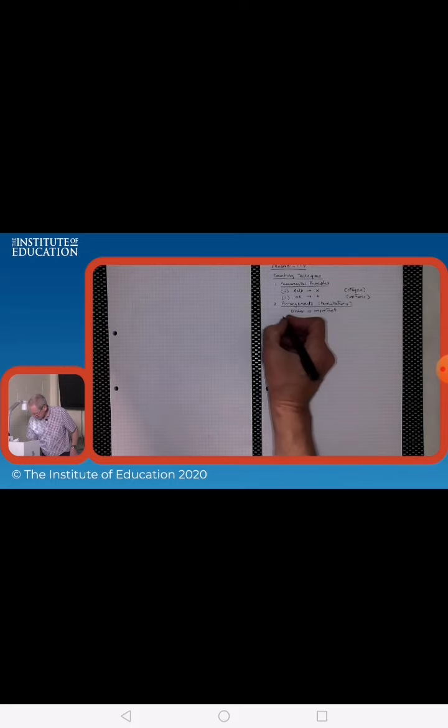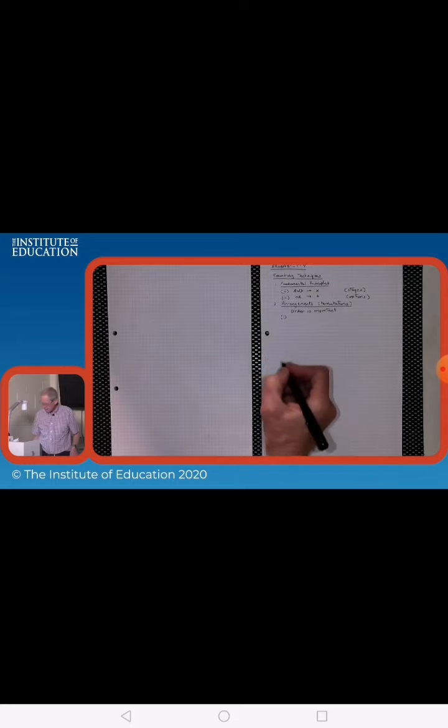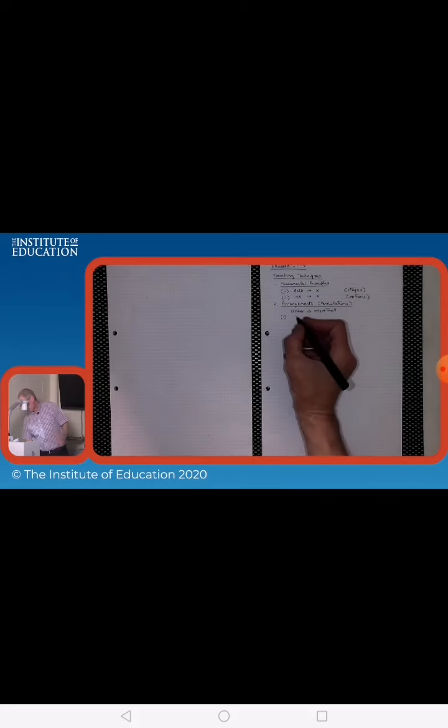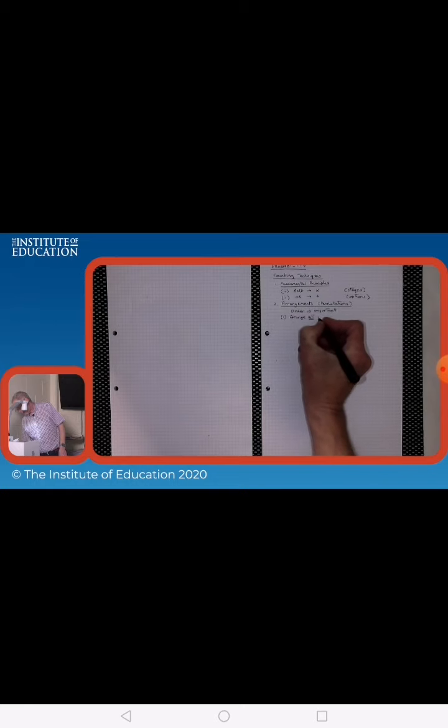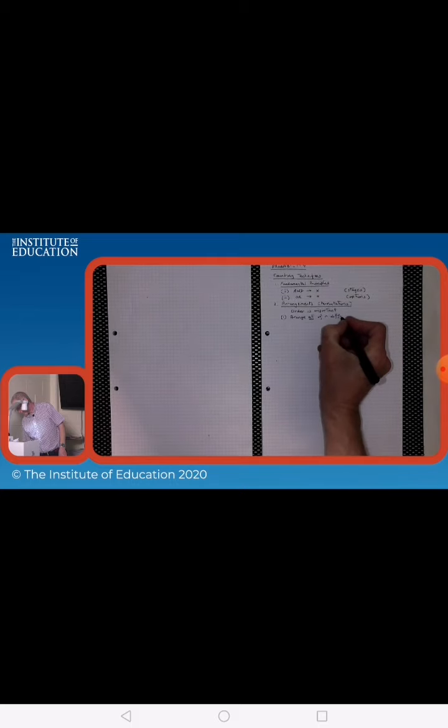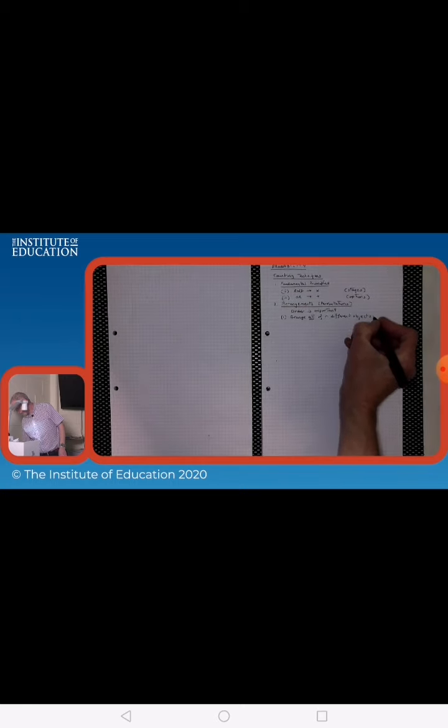Now, we have 2 little formulae in here. The first of these is when we want to arrange all of n different objects. The formula for doing that is n factorial.